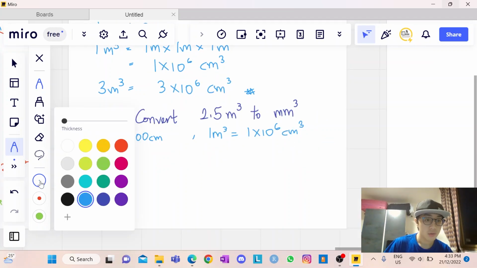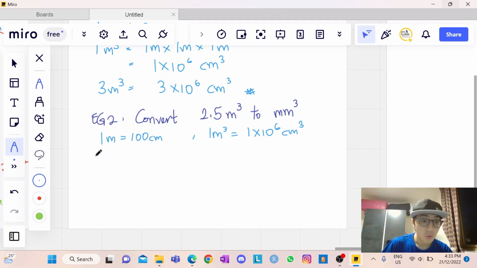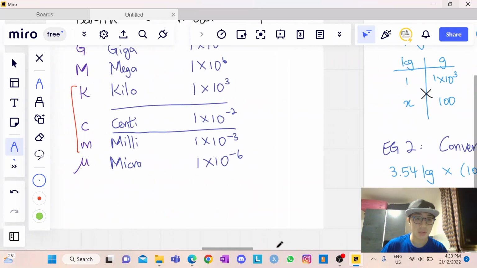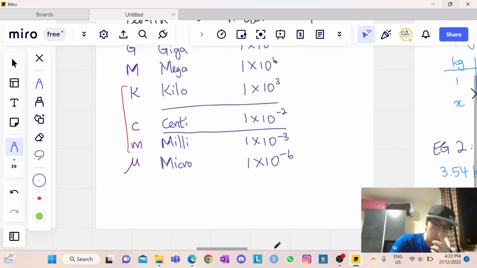Okay, and now 1 cm is equal to 10 millimeters. All right, you might ask why 1 cm is only equal to 10 millimeters. Because if you see from this part right here, 1 centimeter is equal to 1 times 10 to the power of negative 2 meters. But 1 millimeter is equal to 1 times 10 to the power of negative 3.